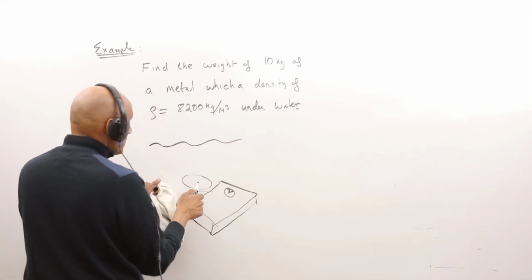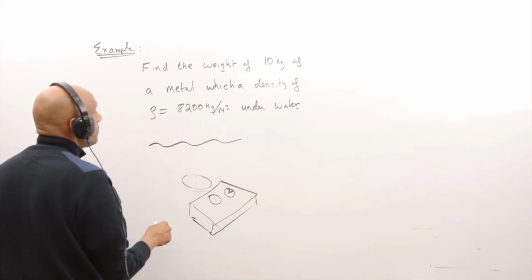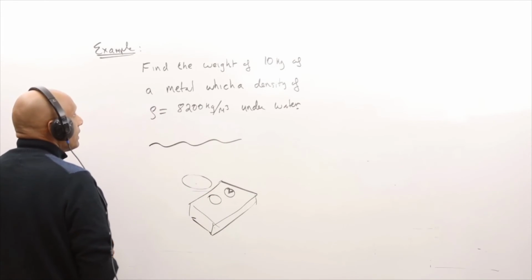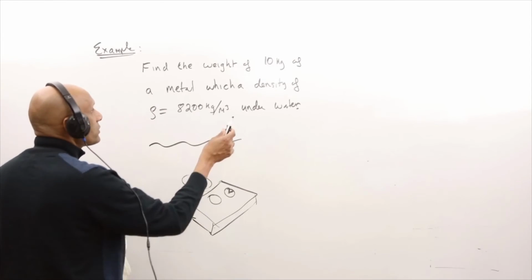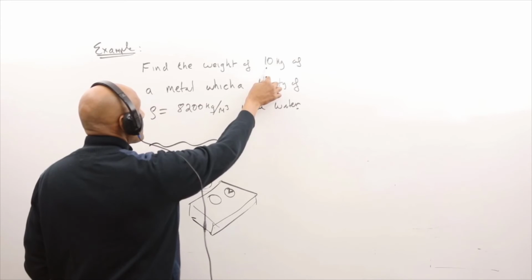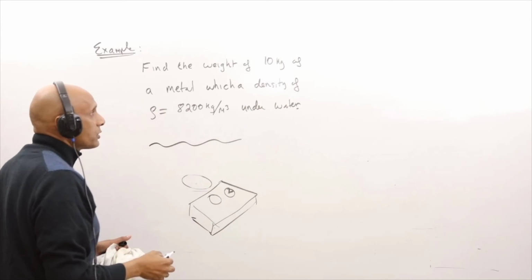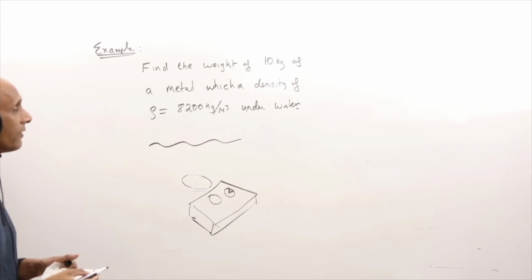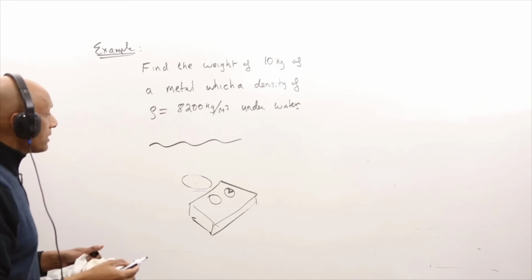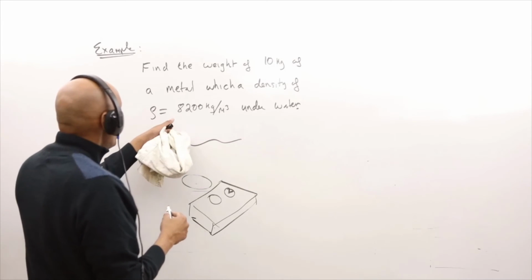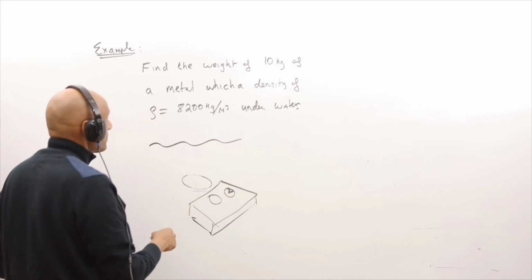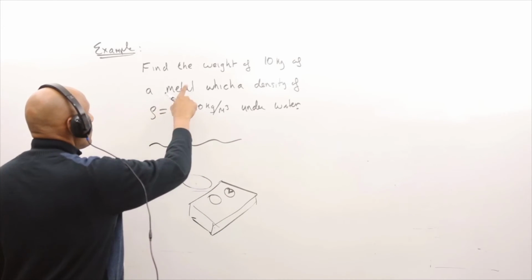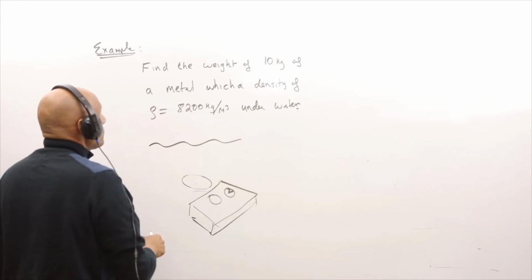I put this mass on this, and I'd like to know what the weight of this object is. If we just had to find the weight outside in air, this would be just 10 kilograms times g, which is about 10 meters per second squared. So we're expecting a measurement of 100 newtons. But it's underwater now, so we have to use the density of the object and use the buoyancy displacement. We have that it weighs 10 kilograms, so we know its volume.